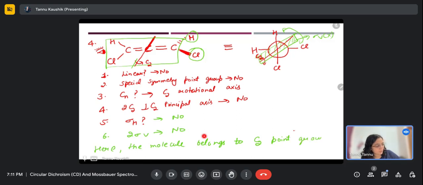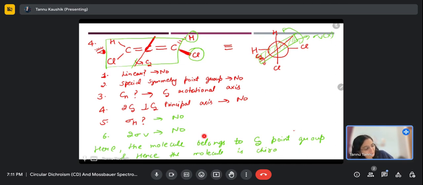That is, it belongs to the single rotational axis group where it doesn't have any vertical plane, horizontal plane or inversion center. So this molecule is also chiral because it belongs to a Cn or Dn point group, that is the C2 point group here, and hence the molecule is chiral.